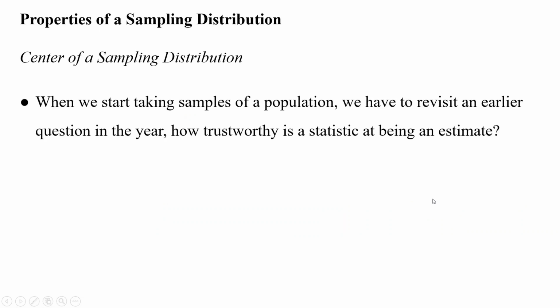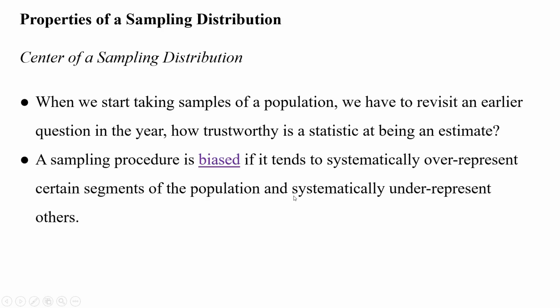Okay. First, let's talk about that center of a sampling distribution. So when we start taking samples, we have to revisit a question we had a bit earlier in the semester, which is how trustworthy is a statistic at being an estimate? We take a sample, we find some statistics. Now, how trustworthy are those statistics? Because ideally, we want that sample to represent the population at large, and we want it to do it well.